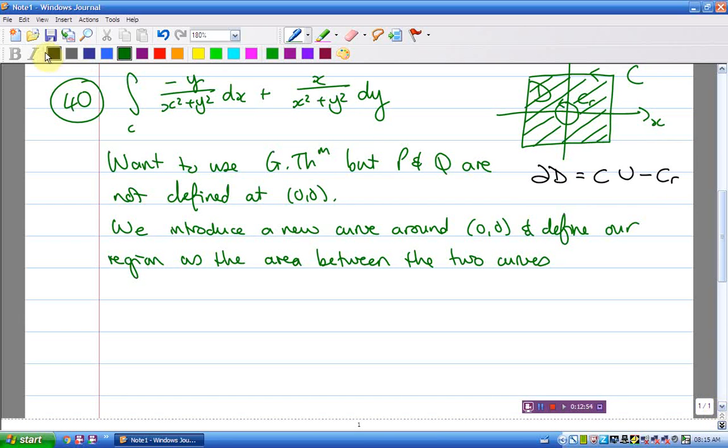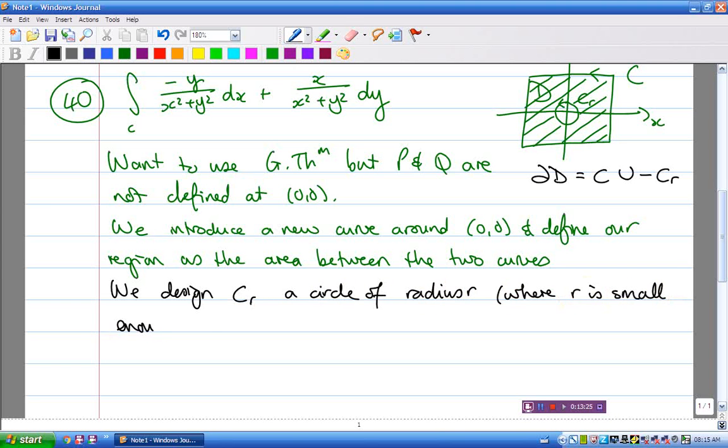And then a little note on that, for when you're reading your notes again afterwards, because I've said a lot, but it's not written down. We design C_r, a circle of radius r, where the radius can actually be anything as long as r is small enough to fit inside the square.